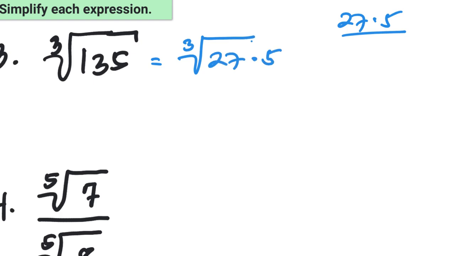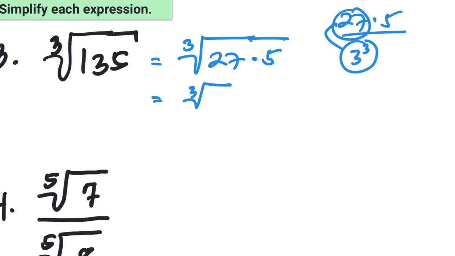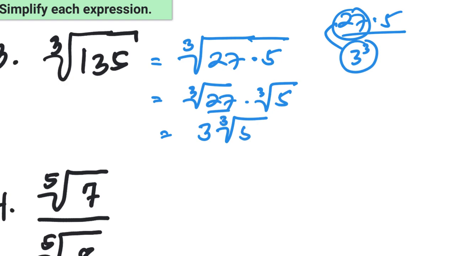I chose 27 because 27 can be written as 3 cubed. So that's going to be the cube root of 27 times the cube root of 5. Since 27 is a perfect cube, that's going to just give me 3 times the cube root of 5. So this is your final answer.